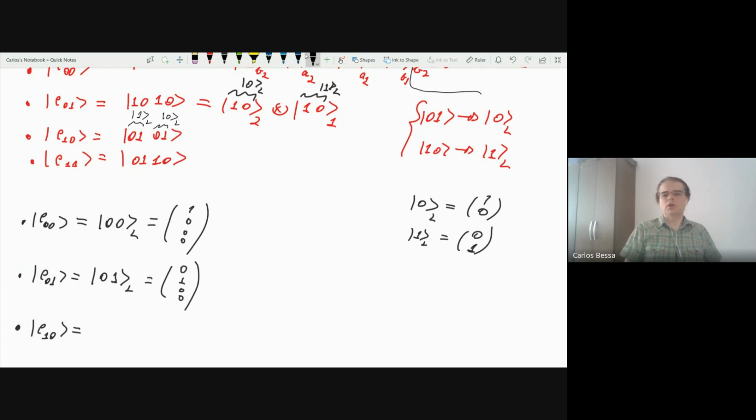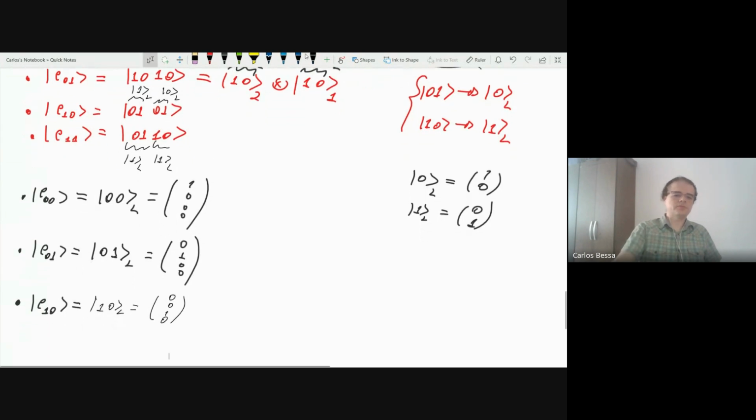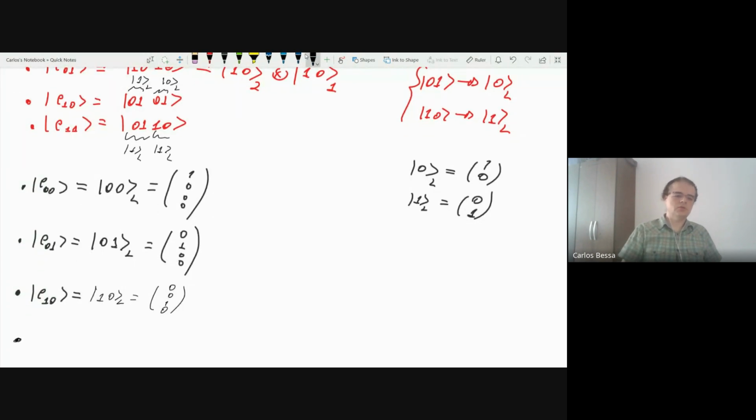So 1, 0 is my logical 1. But for the second modes, we invert. So this is the logical 1, 2. This one is 1, 0, the matrix notation is this. And the other, 1, 1, is logical 1, 1, which is this.